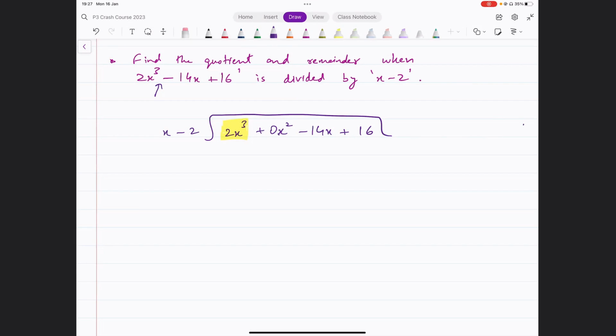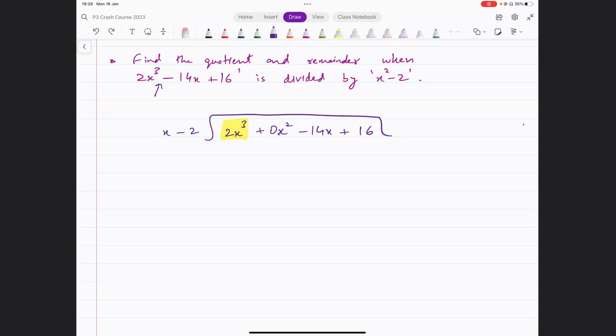Sometimes, let's say in this case, the divisor was x squared minus 2, then you would write the divisor like this as well. You'd say this is x squared plus 0x minus 2. All right, otherwise you would end up getting some confusion when you're following this process. Okay, so whenever you have a term missing, you put 0 in place of that. Okay, make sure that you do that whenever you're doing this.